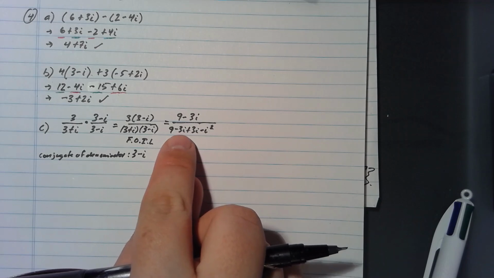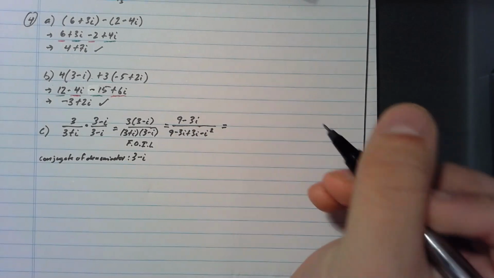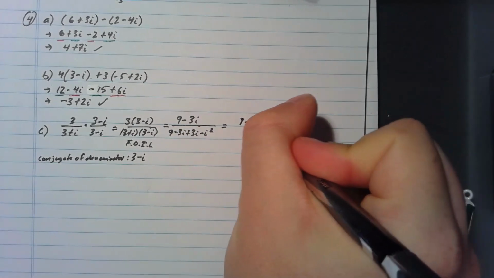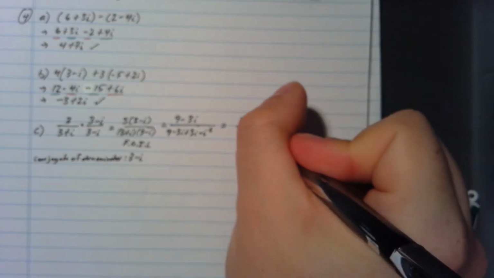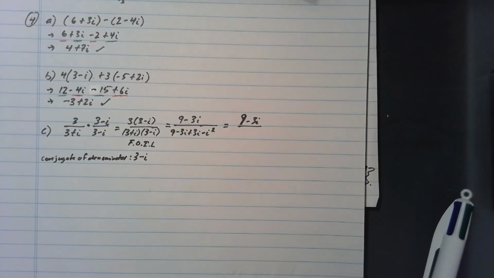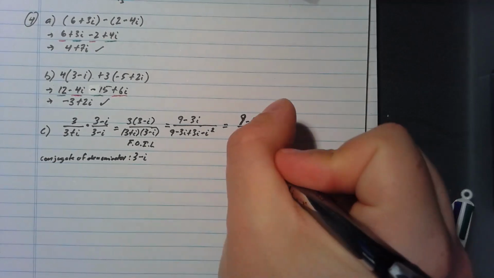Notice how the negative 3i and positive 3i cancel out. That always happens when you multiply a conjugate by itself. So there's the numerator. And then in the denominator I have 9 minus i squared.